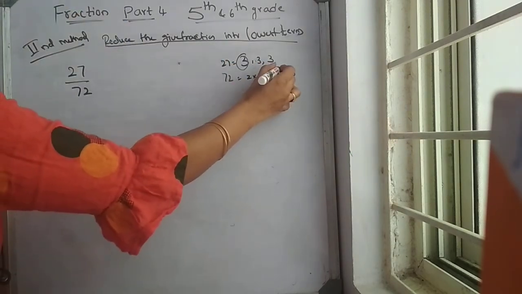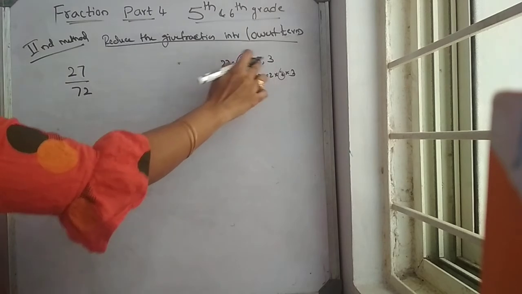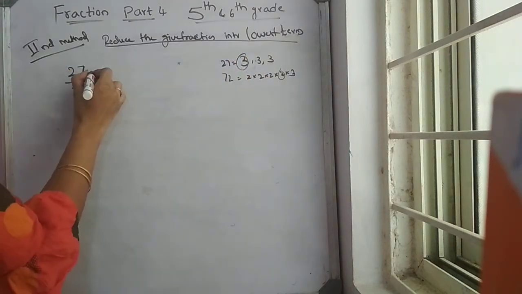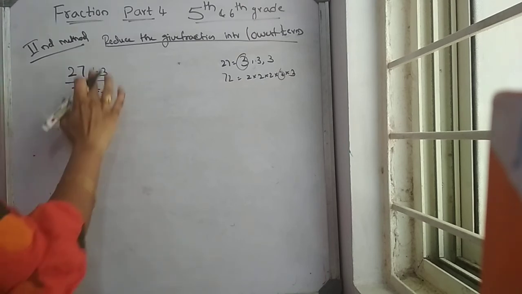First 3 and second 3. First we have to divide by the first common factor. So the first common factor is 3 here. The numerator and the denominator are both divided by the first common factor.